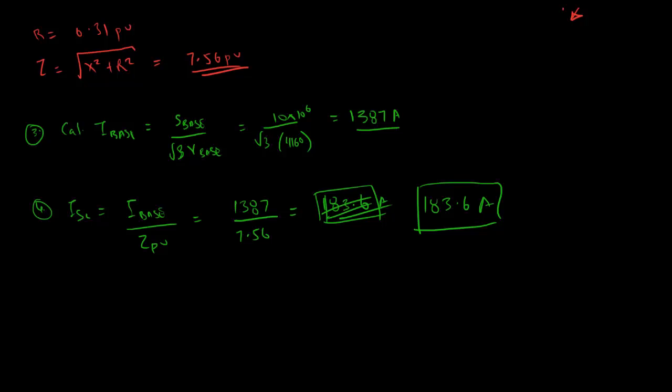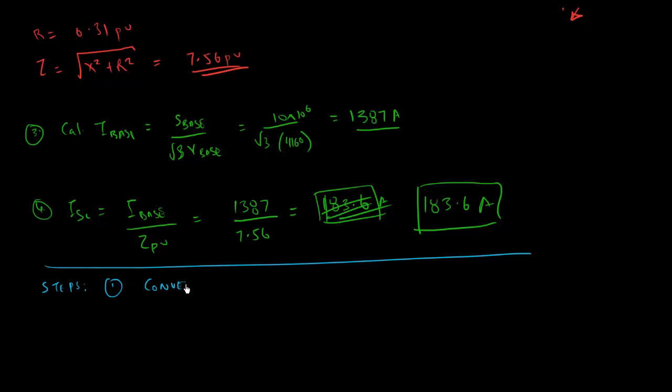What I'm going to do is I'm going to summarize the steps for you. So the steps are as follows. Step 1 is where you convert all impedances to a common base. Step two is you calculate your system impedance.